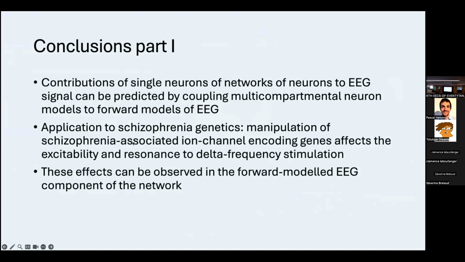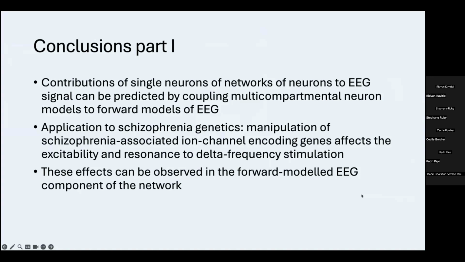And when it comes to schizophrenia, we showed that manipulations of these schizophrenia-associated ion channel genes affect the excitability and the way the network resonates to delta frequency stimulation, and that these effects can be observed at the EEG level. Any questions at this point or comments? Or I move to the subcellular parts.